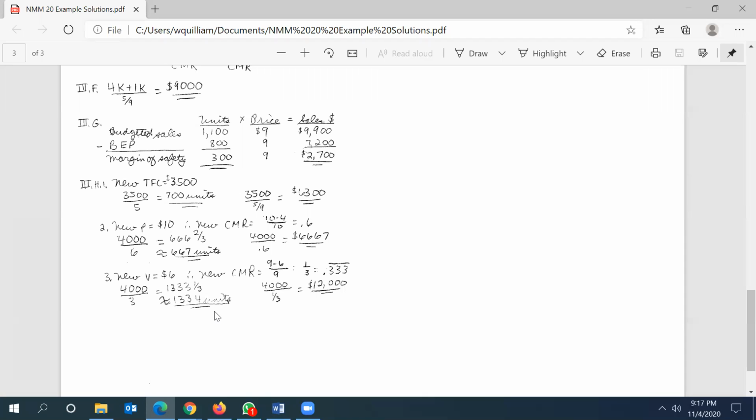That will give us 1,334 units. In terms of sales dollars for our break-even point, we could take $4,000 and divide by 1/3, which would be the same thing as multiplying 4,000 by 3, giving us $12,000. And in fact, that takes care of everything in the chapter.